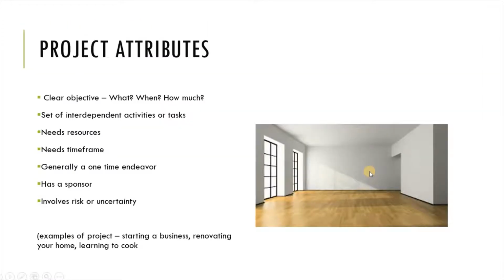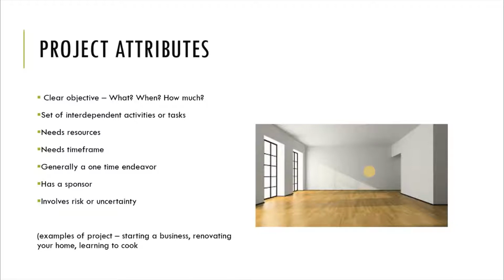We will begin by understanding the project attributes. For this, we will take the example of doing a makeover of a room. The project needs a clear objective. So, what is a clear objective? It means the deliverable or the goal that needs to be accomplished by completing the project.